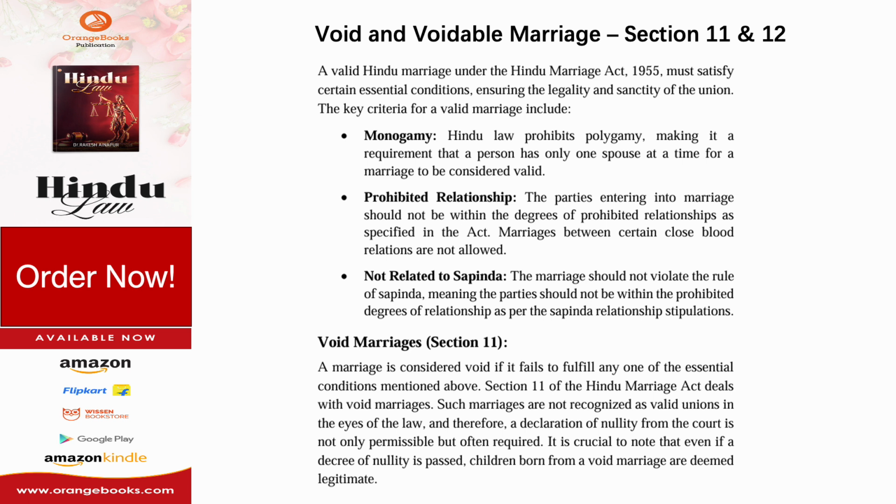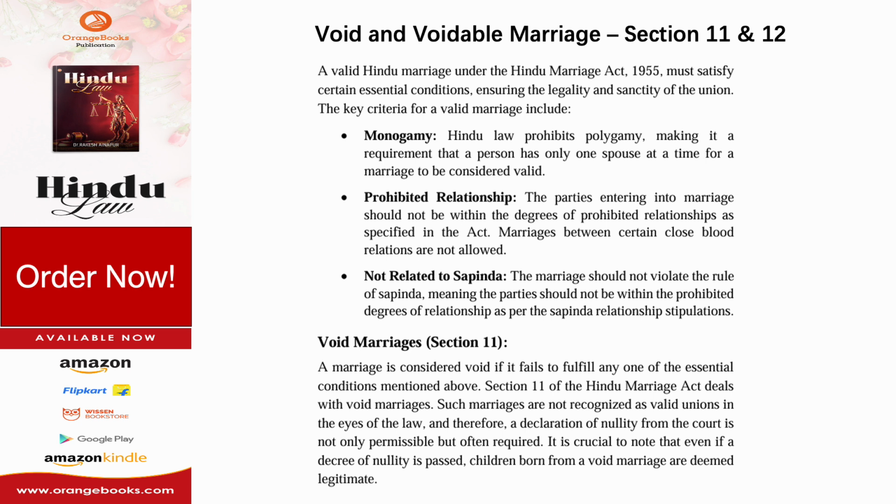Just a recap, as we discussed, section 5 and section 7 of the Hindu Marriage Act are the preconditions, the essential conditions for the legality of a Hindu marriage. The first one is monogamy, and the second one is prohibited relationship.